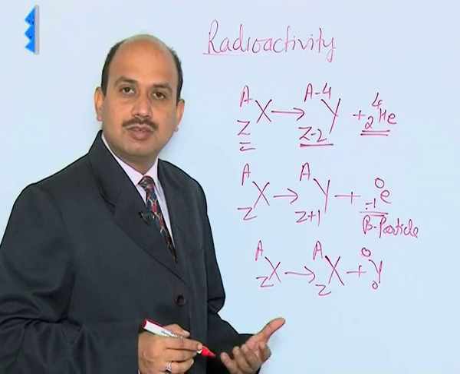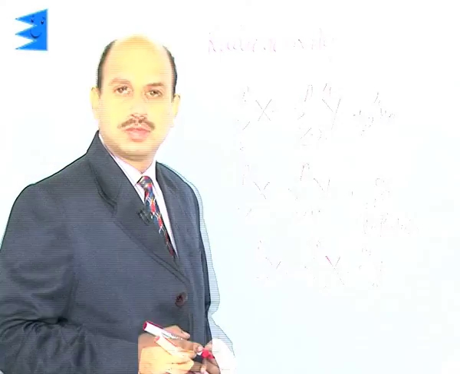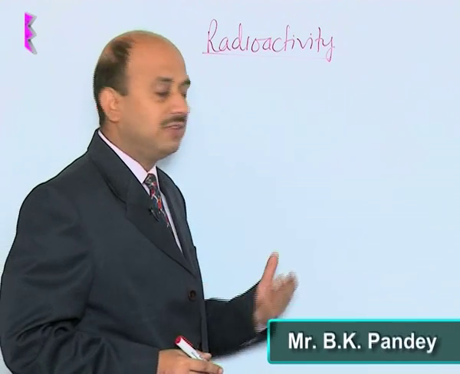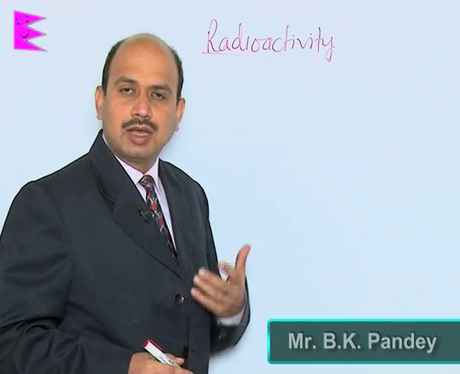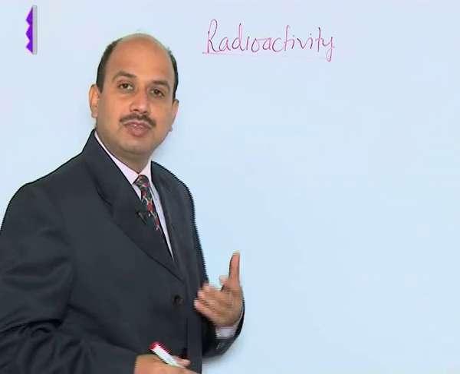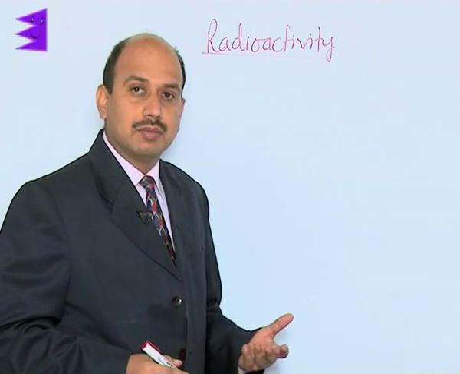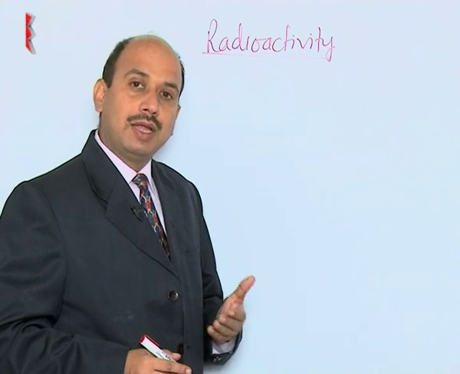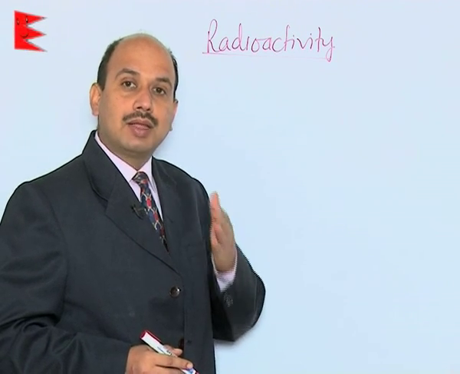Now let us discuss the laws of radioactivity. We have already seen the alpha, beta, gamma emission, which are also considered laws, but the main law is that the rate of disintegration at any time is directly proportional to the number of atoms present in the sample at that time.